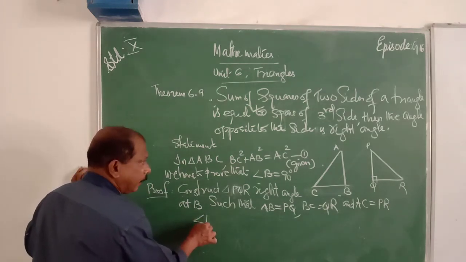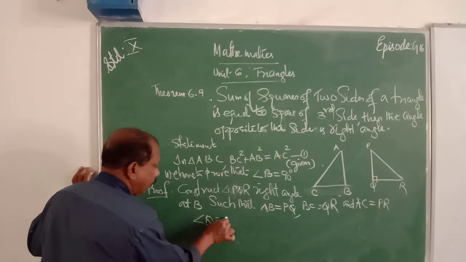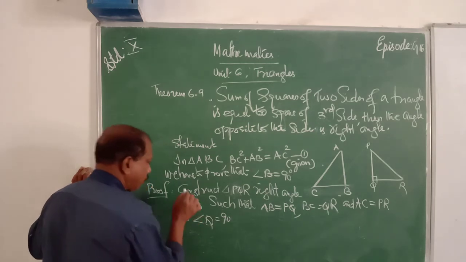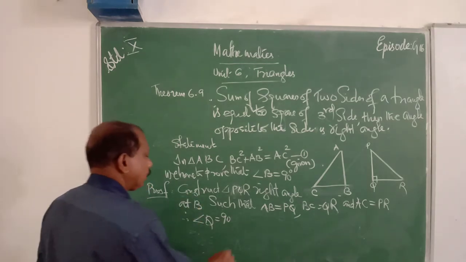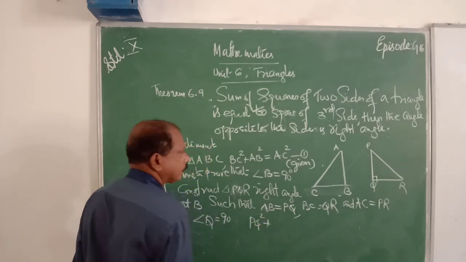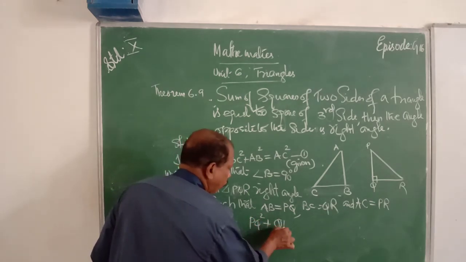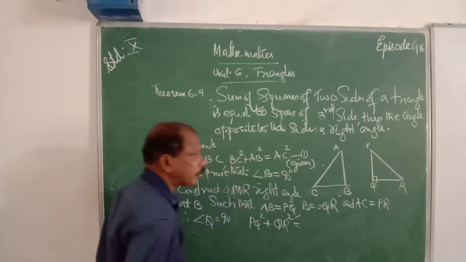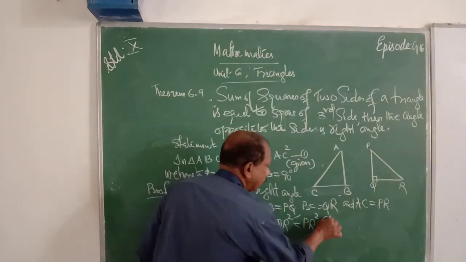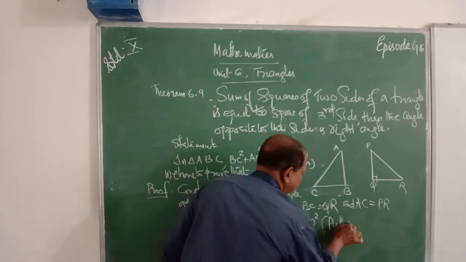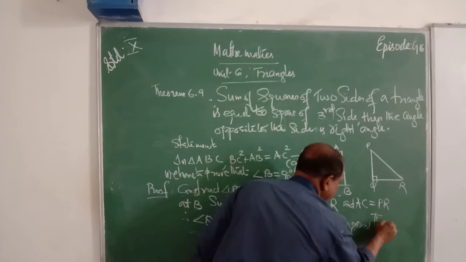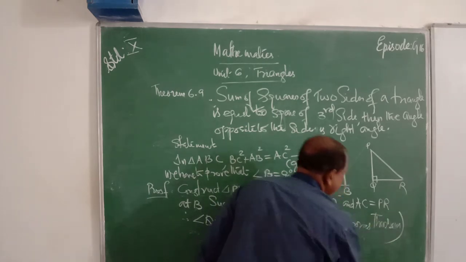Therefore, angle Q is equal to 90 degrees. Therefore, PQ square plus QR square is equal to PR square. What is the reason? The Pythagoras theorem.